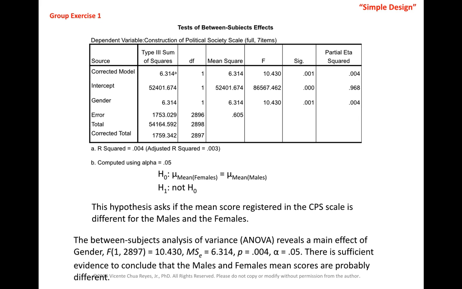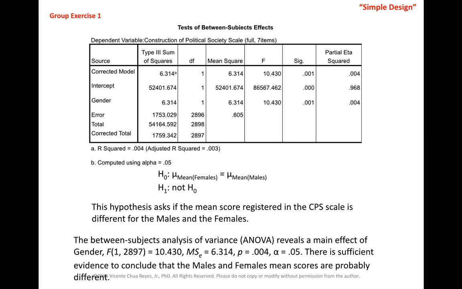Our alpha was 0.05. There is sufficient evidence to conclude that the males and females, the mean scores are probably different. So here, we basically reject the null hypothesis that there are no differences between the mean scores of men and women, or males and females.